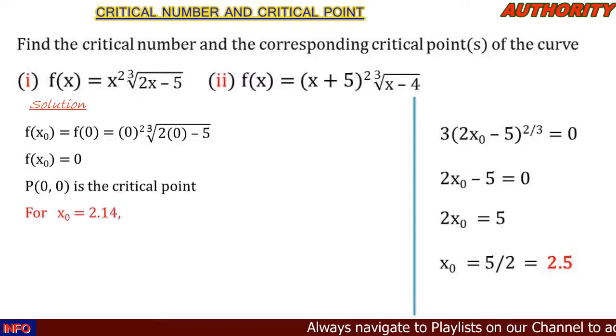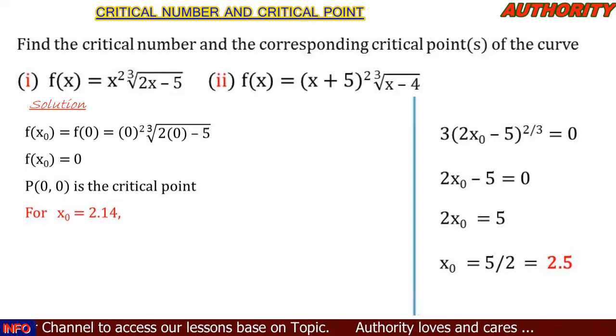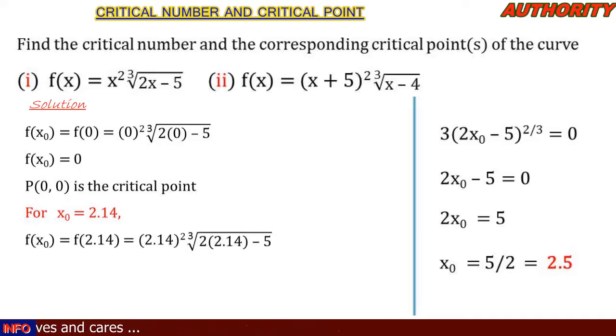Now for x naught equal to 2.14, let's solve for its corresponding critical point. f of x is equal to x squared cubic root of 2x minus 5. Now we plug in 2.14 in this function to see what we get. f of x naught is equal to f of 2.14, which is open bracket 2.14 close bracket raised to power 2 cubic root of 2 open bracket 2.14 close bracket minus 5.